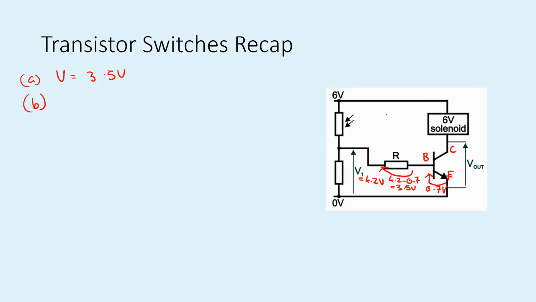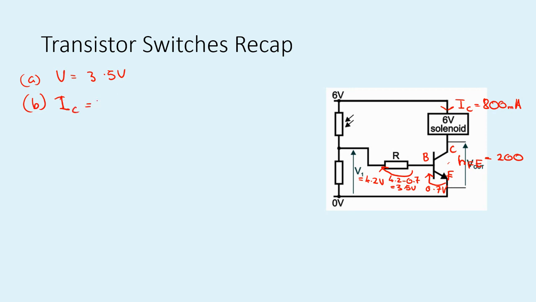For part B, we're asked to work out the base current. This is rated at 800 milliamps, so the collector current is 800 milliamps. And we're also told that the gain in the question is 200, quite a nice large gain. Remember that transistors are effectively current amplifiers. They boost the current.